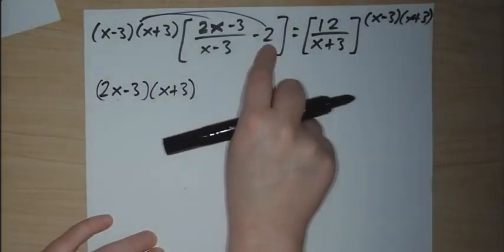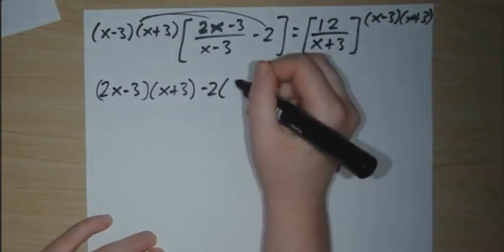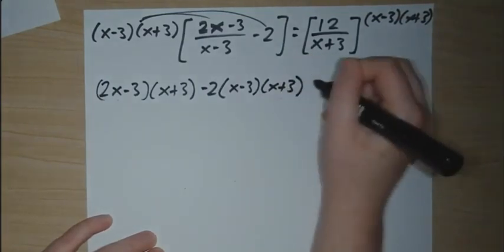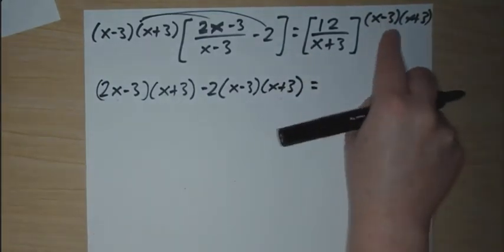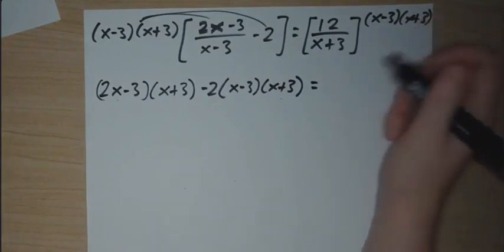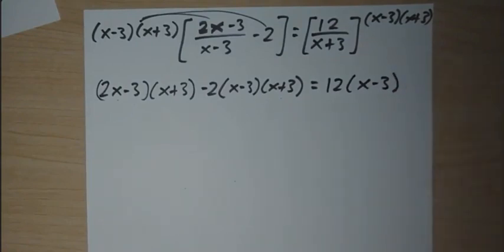This second term, the negative 2, nothing will cancel, so we write it as negative 2 times (x minus 3) times (x plus 3). For the right term, we have x plus 3 on the top and bottom, so those cancel, and we're left with just 12 times (x minus 3).